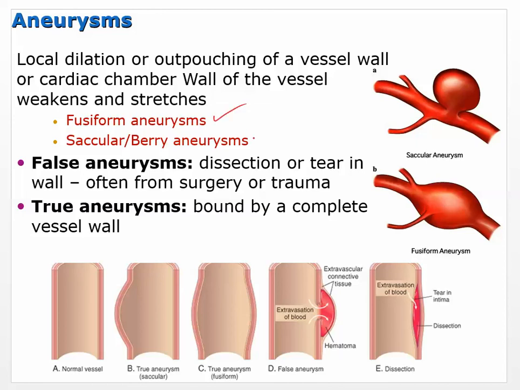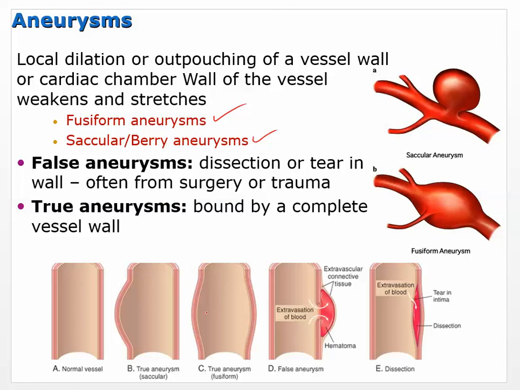So fusiform, saccular, or berry aneurysms are the types we're talking about, but there's something else structurally about it. Looking at this picture, we have several layers to the vessel wall.